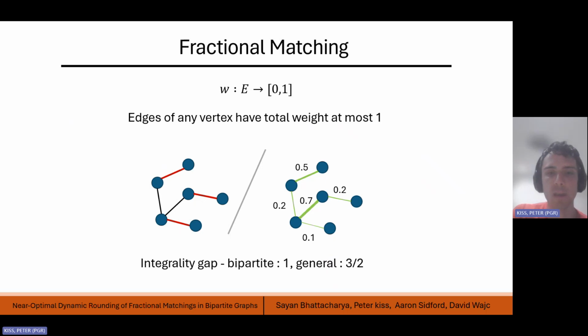And it is known that the integrality gap is 1 for bipartite and 3/2 for non-bipartite graphs, meaning that the maximum matching and fractional matching size in bipartite graphs is the same, but in non-bipartite graphs, fractional matching size might be 3/2 as much as the integral matching size. If you think of a triangle, this is straightforward to see.